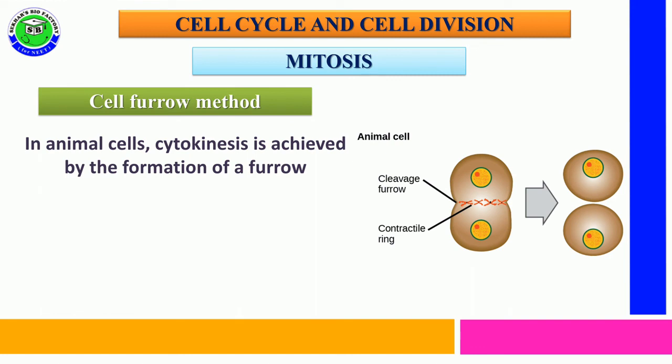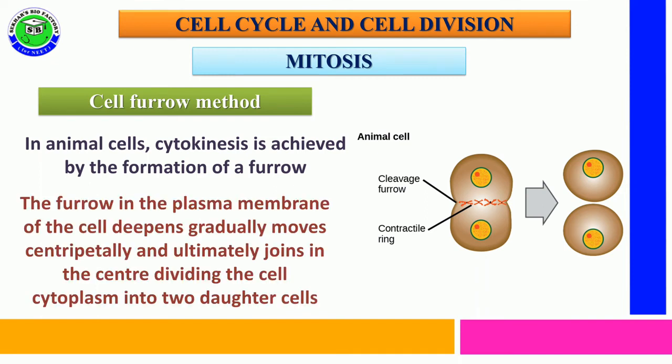In this cell furrow method, in animal cells, due to the absence of a cell wall around the cell, cytokinesis is achieved by the formation of a furrow in between the two daughter nuclei with the help of microfilaments of the cytoskeleton. The furrow formed in the plasma membrane deepens.